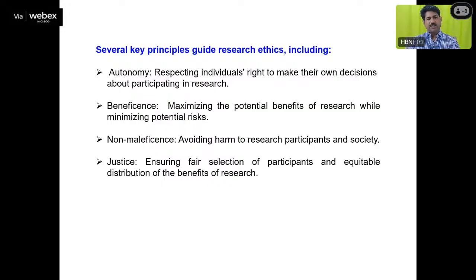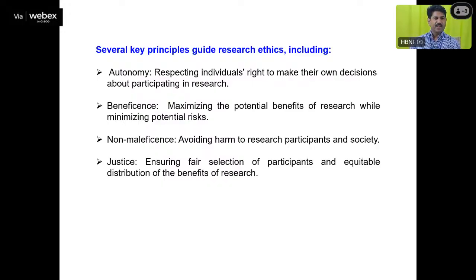If we go to the patients and explain our research, and after that we do not maintain confidentiality and privacy, their names will be open to the public after our research work.